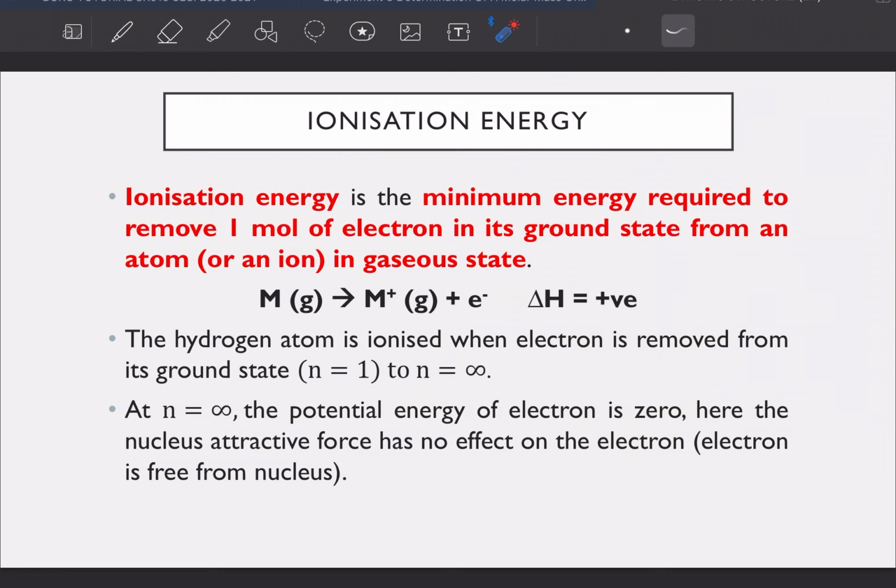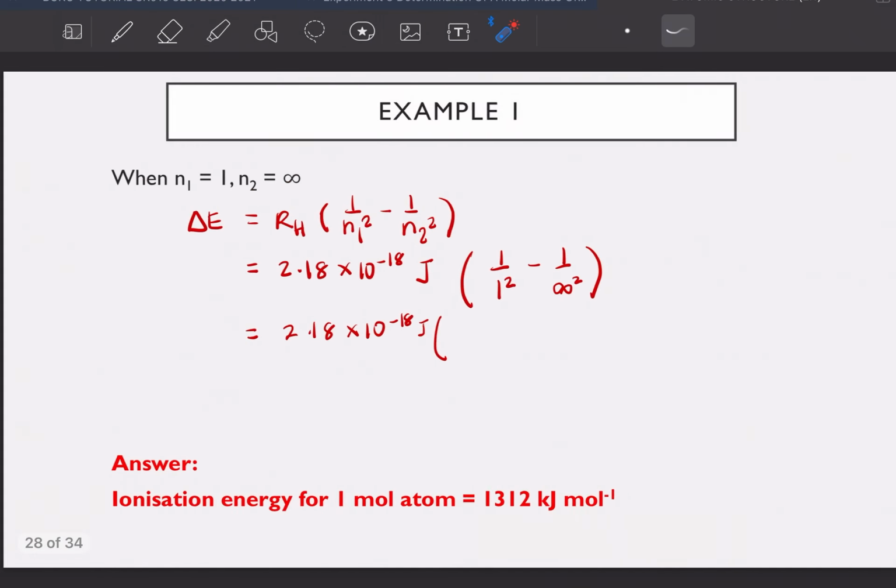So when you remove electron tu at n equals infinity, the potential energy of your electron is 0, because awak punya electron is no longer attracted to the nucleus, no nucleus attractive force on your electron anymore. So electron tu removed lah, it is free from your nucleus.